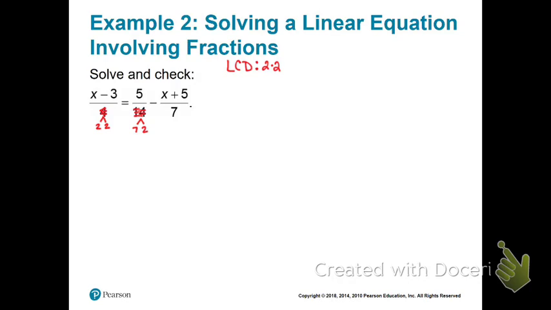Then check the 2. Does it already have a 2? Yes. And then check your next denominator. Does it already have a 7? Yes. So I don't need to put it either. So there's my least common denominator, which is what I'm going to multiply all of these fractions by. Every term, whether or not it was a fraction, would get multiplied by 2, 2, and 7.